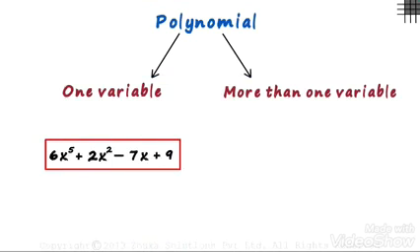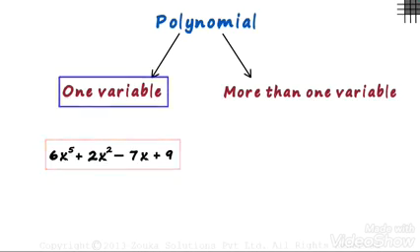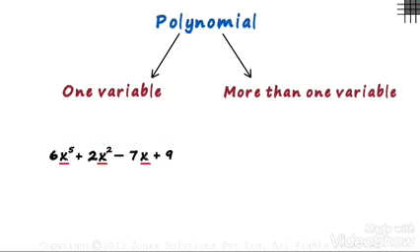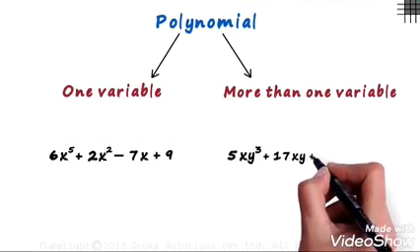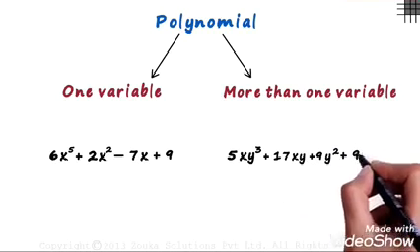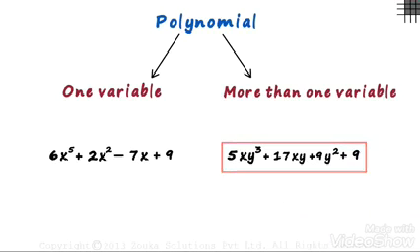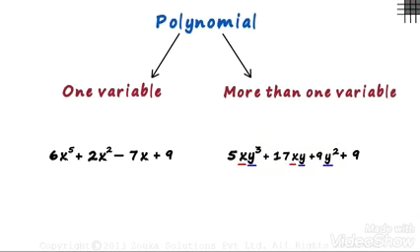This polynomial has just one variable, which is x. An example of the second type would be 5xy cubed plus 17xy plus 9y squared plus 9. This has two variables, x and y, which makes it fall into the second category.